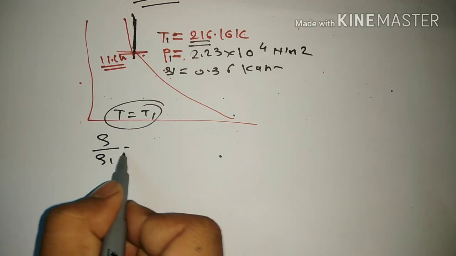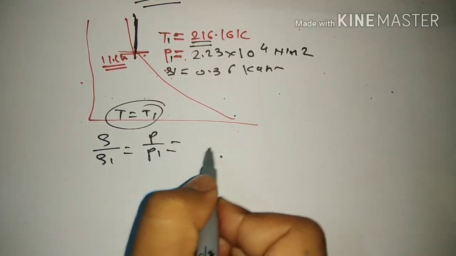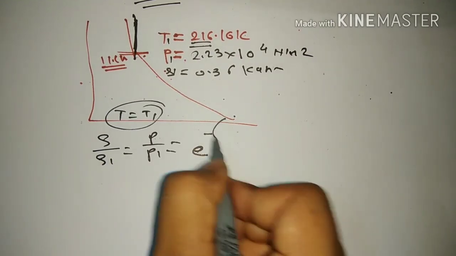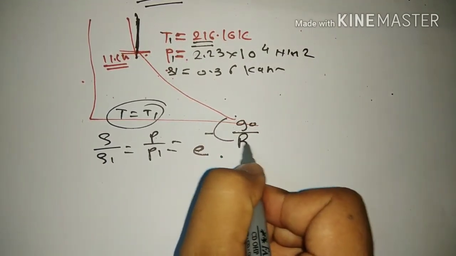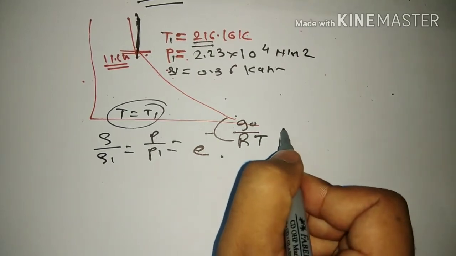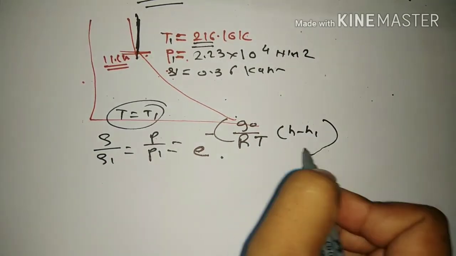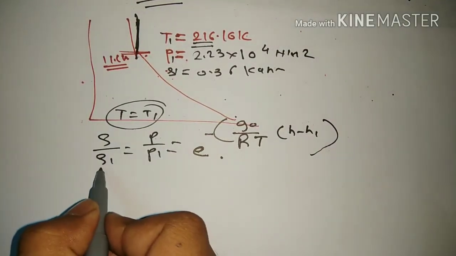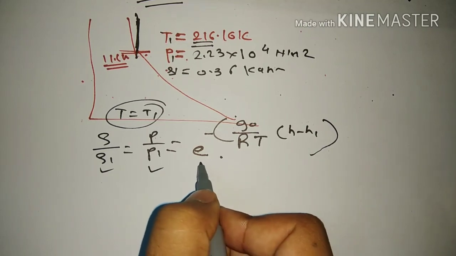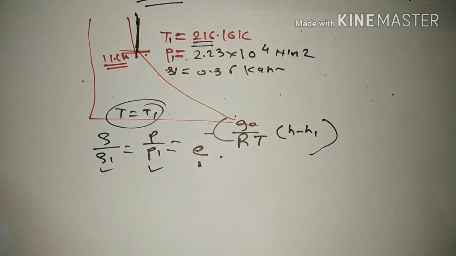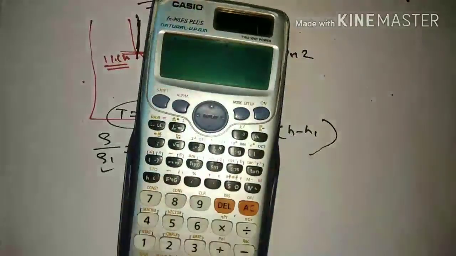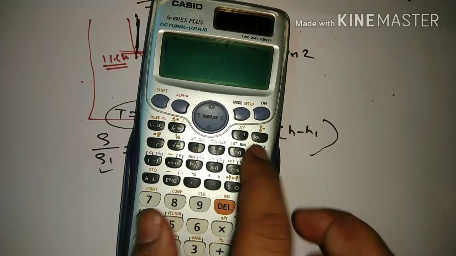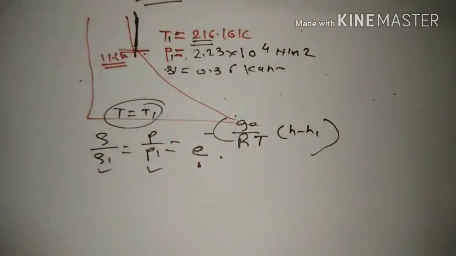Same for rho by rho 1 and P by P1, which is equal to E raised to minus GO by RT times H minus H1, whatever the difference from the particular height. We know rho 1, P1 and E. What is E actually? On the scientific calculator we can see this yellow color, and we have to use that.